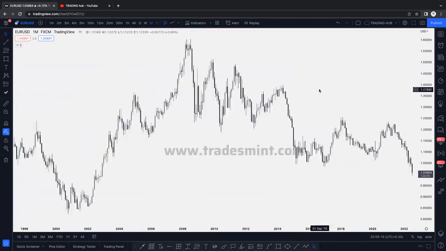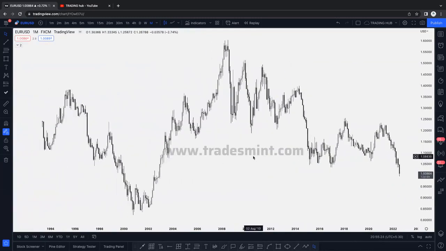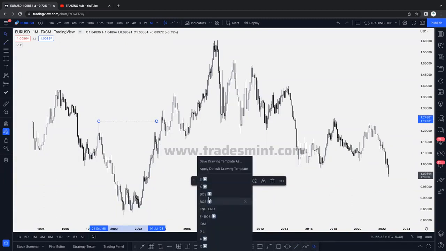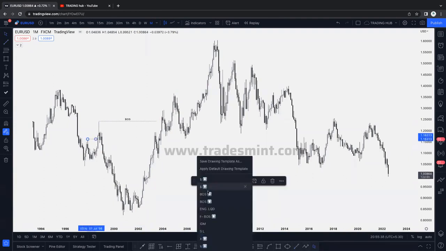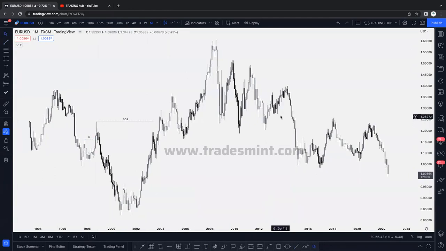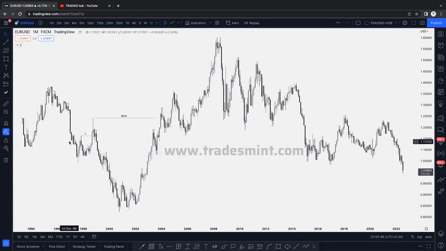Okay, so basically you can see once the market breaks this structure, which is here, this was our actual break of structure, because the market took out the previous high, which is here. I'm talking about the monthly perspective. This is a monthly chart. One single candle is a monthly candle.